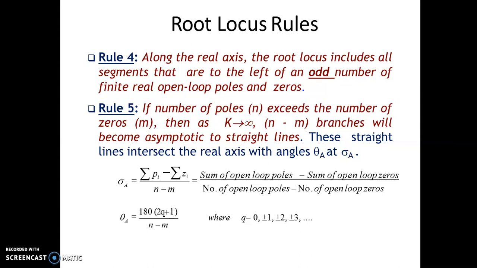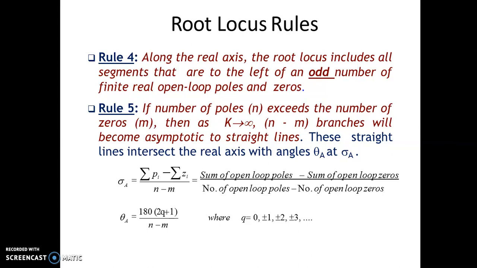Depending upon the poles and zeros on the real axis, we take some test points. From the test point, you need to see to the right how many poles and zeros there are. If the sum of the poles and zeros is an odd number, it is part of the root locus; if it is an even number, it is not part of the root locus.